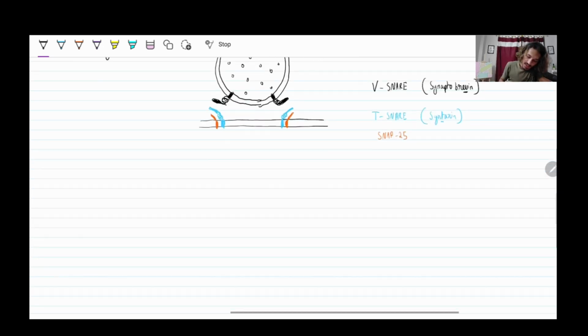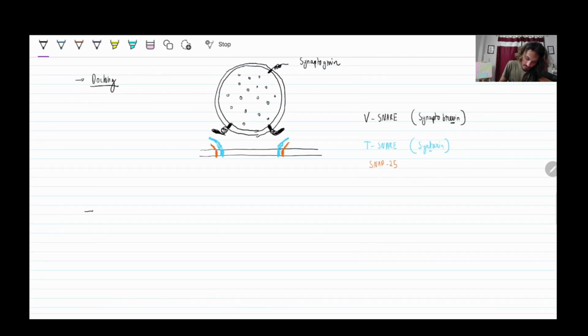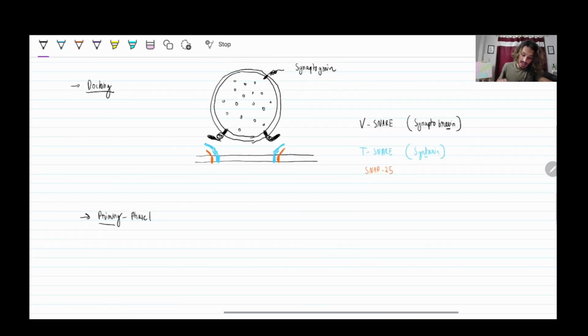So after docking, we're gonna go to the next stage of the step. The next stage of the step beyond this, we're gonna call it the priming phase. And priming is divided into two phases, phase 1 and phase 2. So in the priming phase, what is going to happen is this vesicle that we just saw is going to come closer and a ternary complex is going to form.